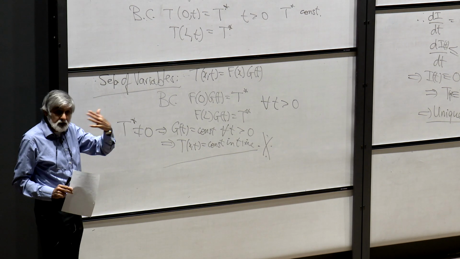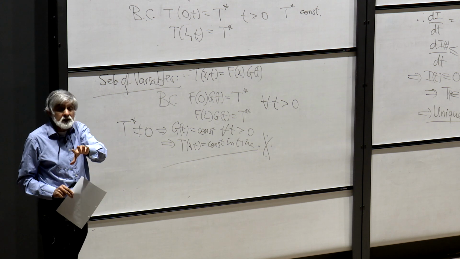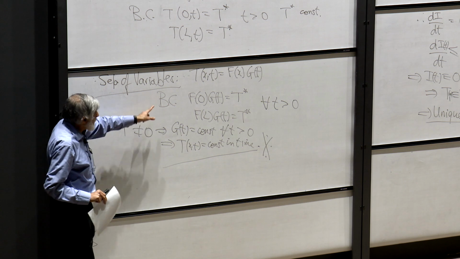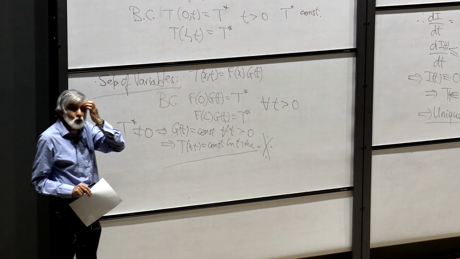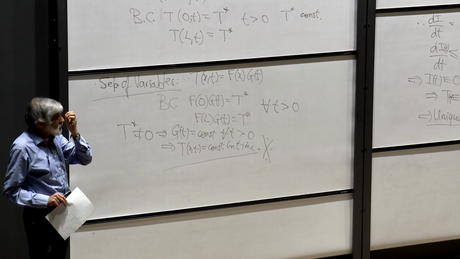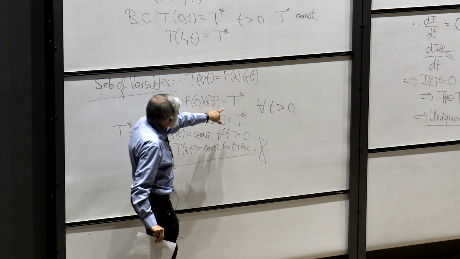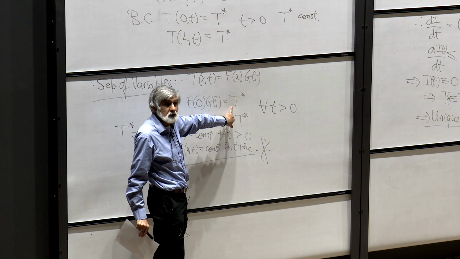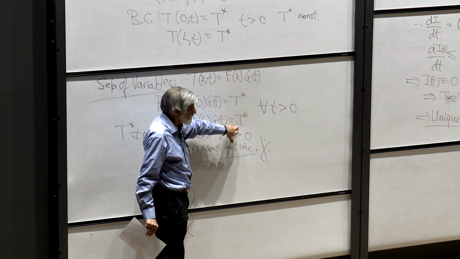Big T changes in time. It depends on time. So the separation of variables doesn't work. And it doesn't work because this is not 0. Okay.